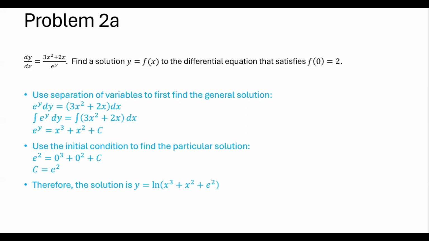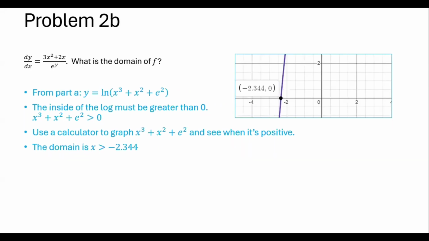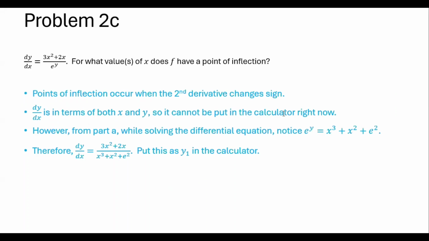But anyway, so where was I? Over here. So that's what I'm saying here. e to the y is x cubed plus x squared plus e squared. So we replace this e to the y with this over here. So dy/dx is now a function of x only. So now we put this as y1 in our calculator, and then y2 is the derivative of y1.